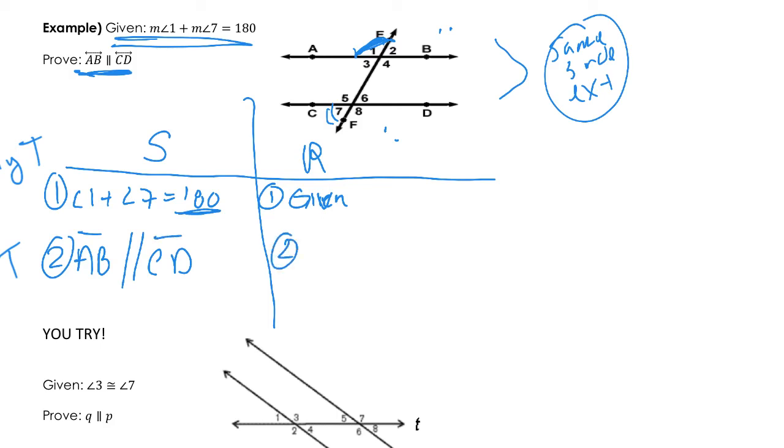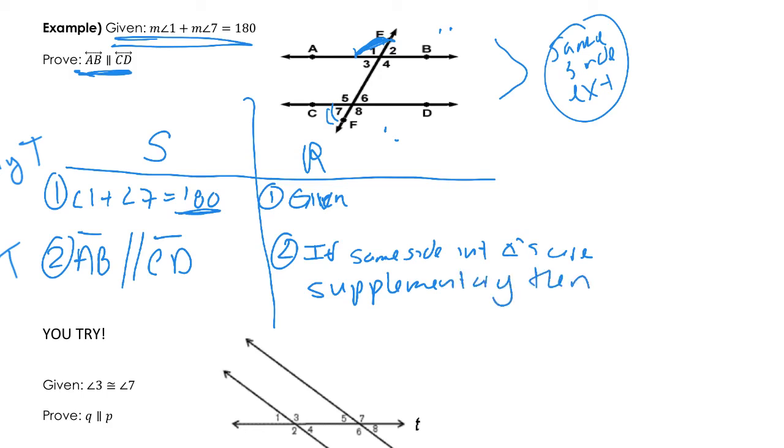And my reason is if the same side exterior angles are supplementary, then, so we do an if-then statement, if these are supplementary, then two lines cut by a transversal are parallel.